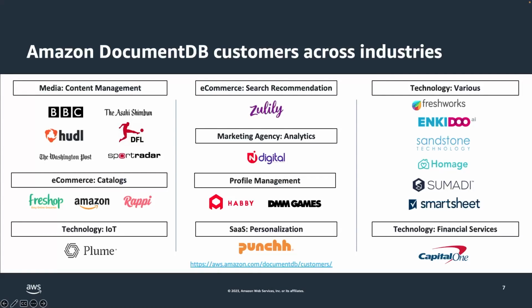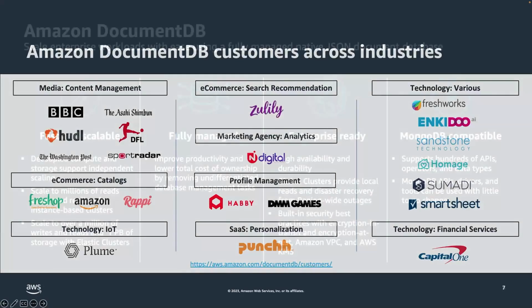We have customers in virtually every industry, from financial services to retail, from gaming to manufacturing, from media and entertainment to publishing, and more. We definitely welcome you to explore our customer page, where you can hear directly from DocumentDB users on why they choose DocumentDB and how it has positively impacted their business.